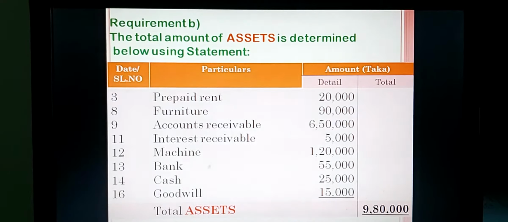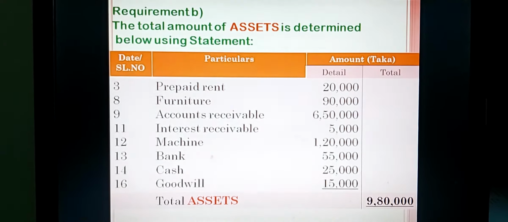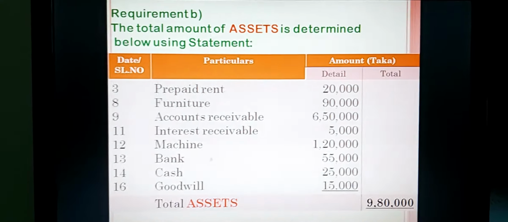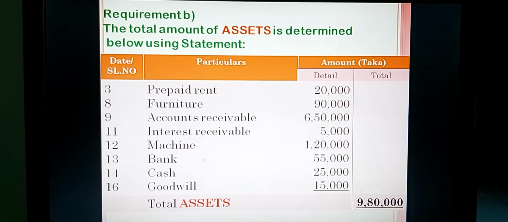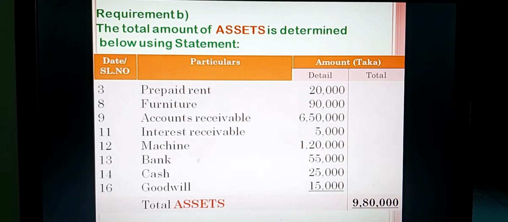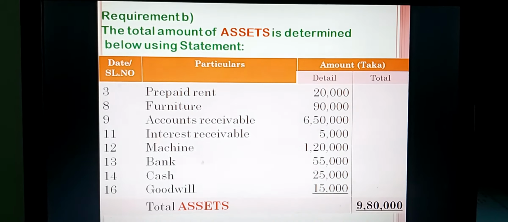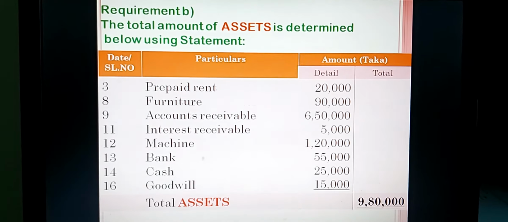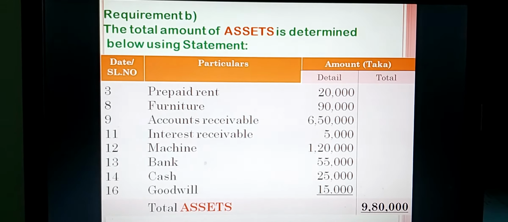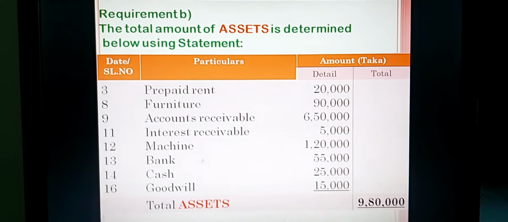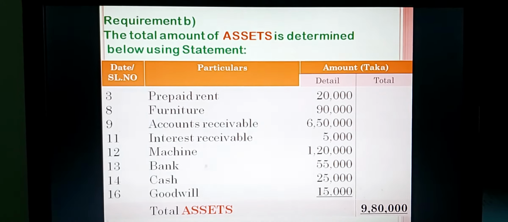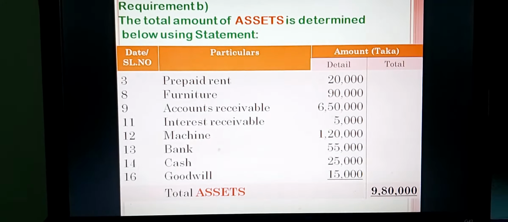The requirement B, the total amount of assets is determined below using a statement. I have already used this format several times: date, serial number, particulars, amount taka detail and amount taka total. So from this question, how to identify the assets?